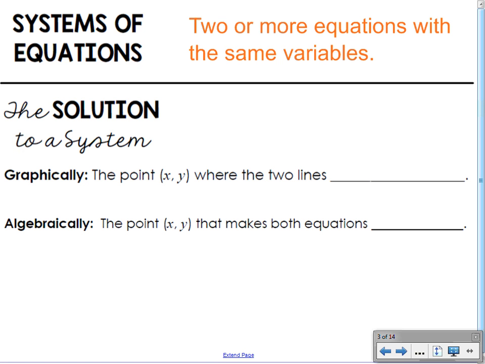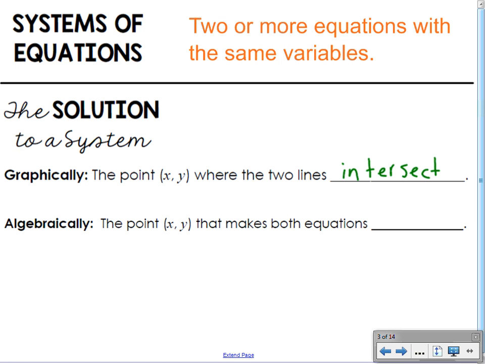Now, when we go to solve a system of equations, we're going to look at it two ways. We're going to look at the graph, and the points where the two lines intersect, where they cross, is the solution to that system of equations. Because essentially we're trying to figure out when these two equations are equal to each other.